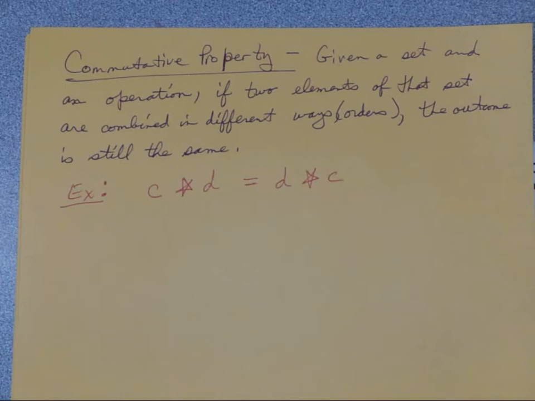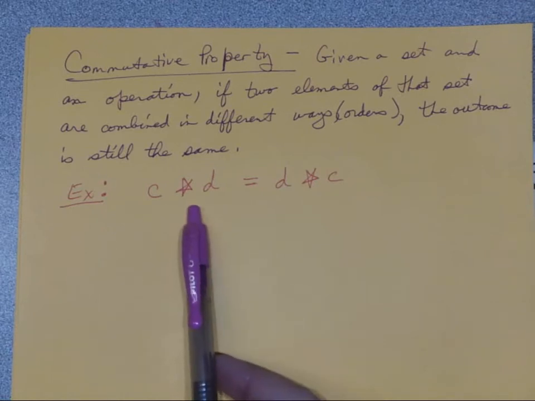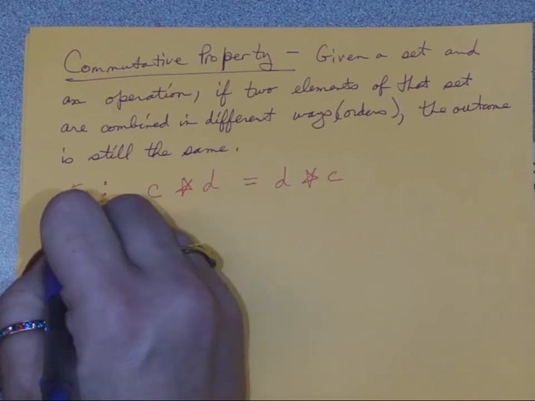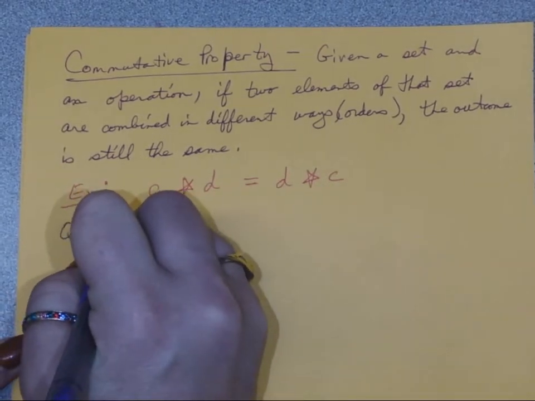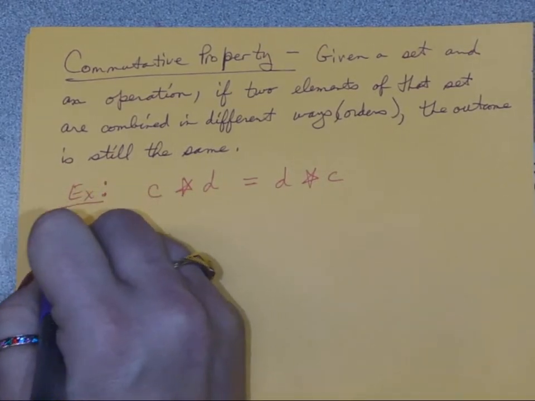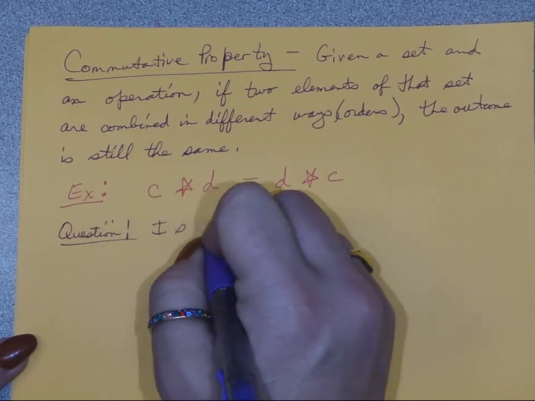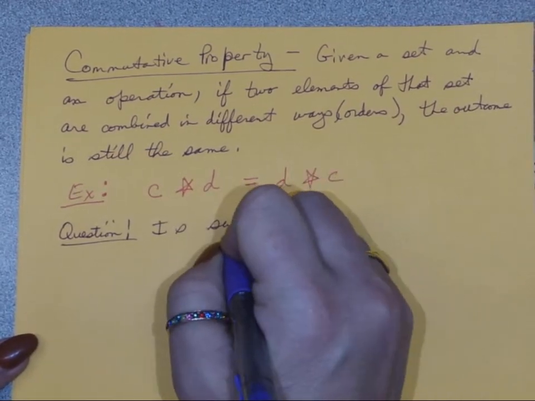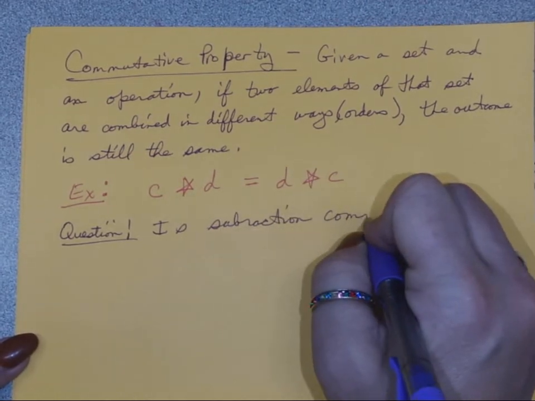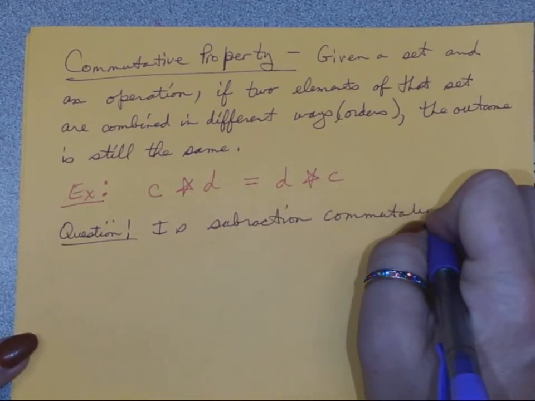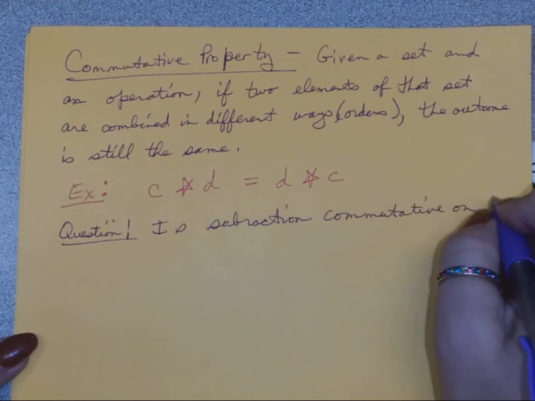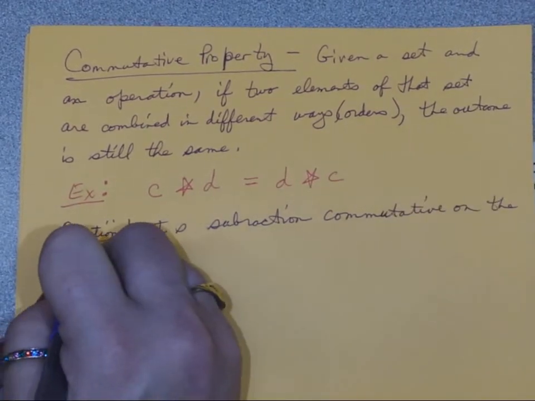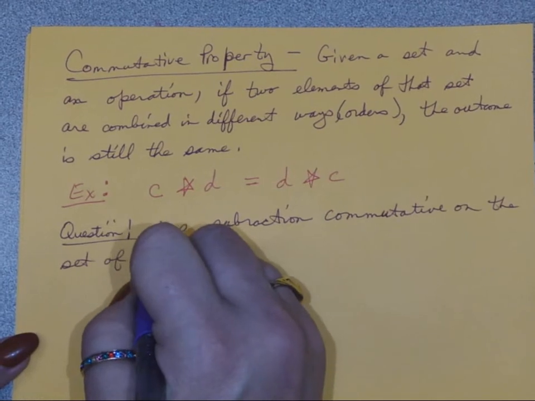So let's think about it. Is subtraction commutative on the set of, let's stick with whole numbers?